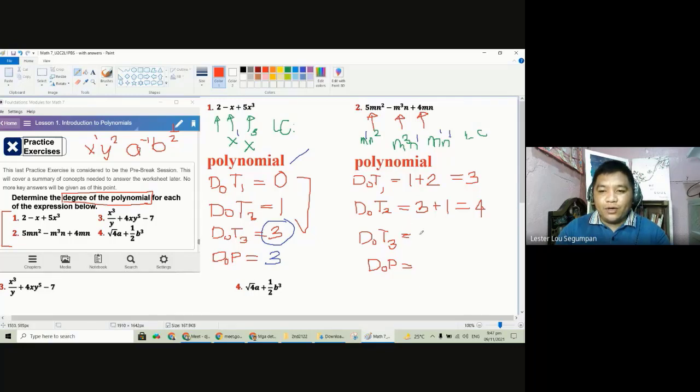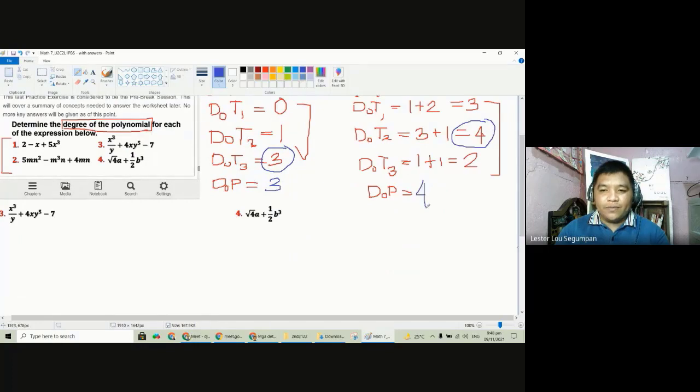And for the third term, we have 1 plus 1, which is 2. Among these three degrees of a term, your largest degree of a term is that of the second term in the expression, which is 4. It is also your degree of the polynomial. That is how we answer number 2.